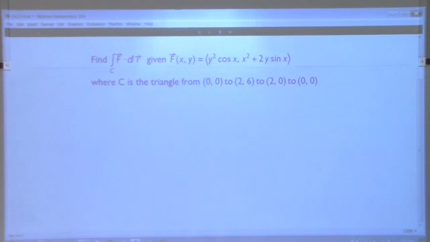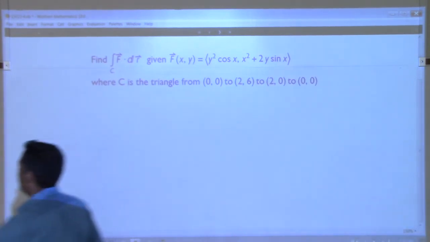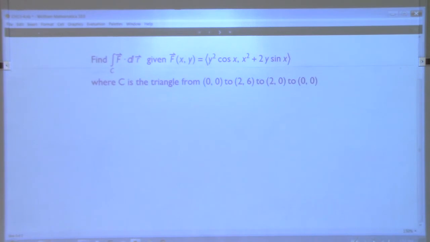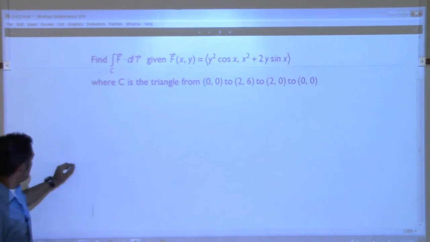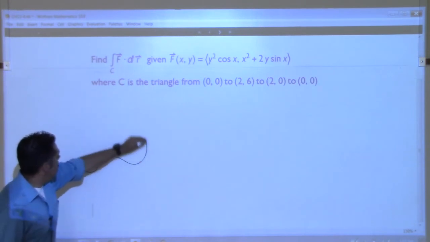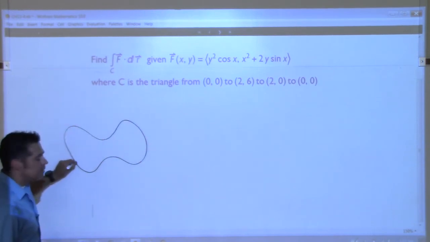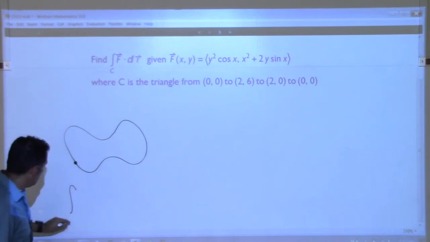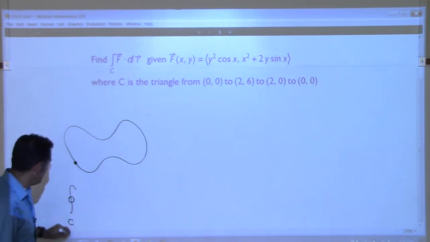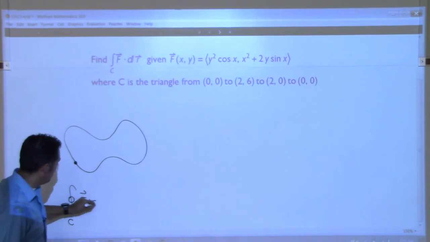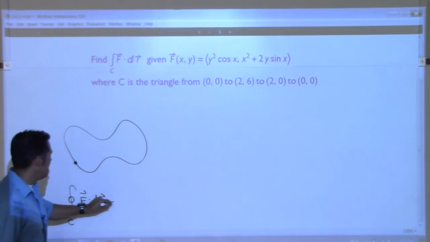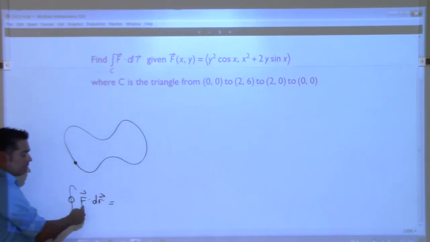If I have a closed curve, and the vector field that I'm integrating over is conservative, what should the line integral be? So if I have a curve that starts here, goes around, and comes back here, and I ask for the line integral over that closed curve C of F dot dr, then what's the answer if this is a conservative vector field?